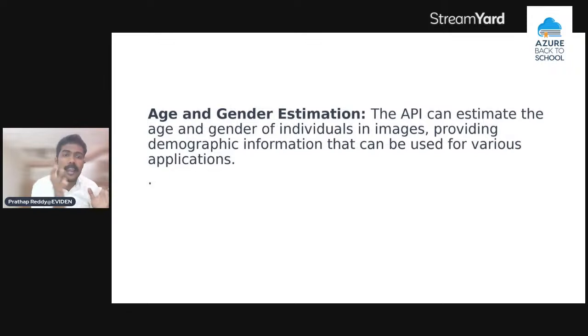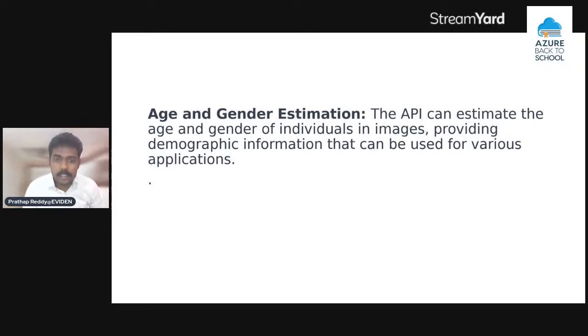So the Face API will recognize the demographic information and can identify all the real-time information as well as the past and the future. It detects everything that way.